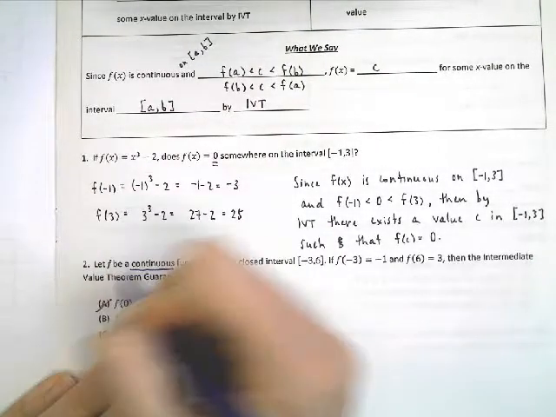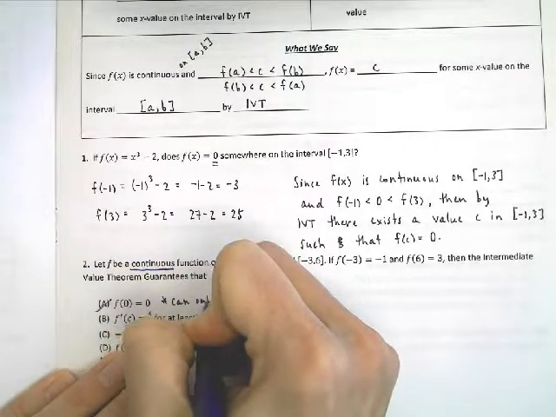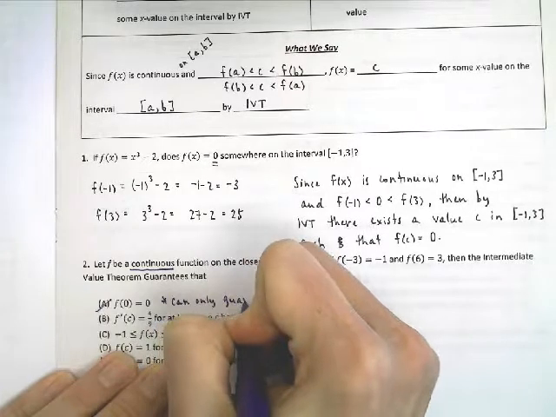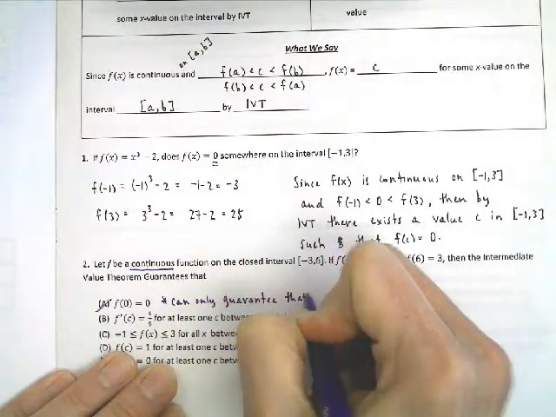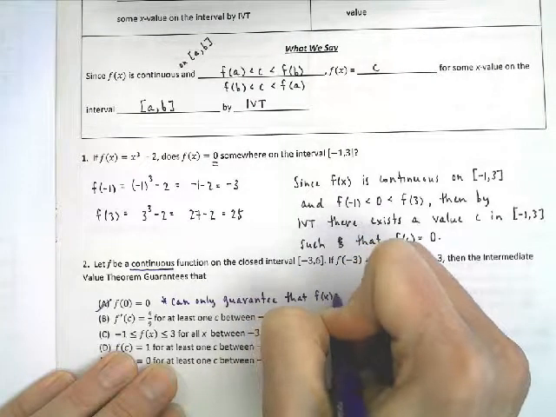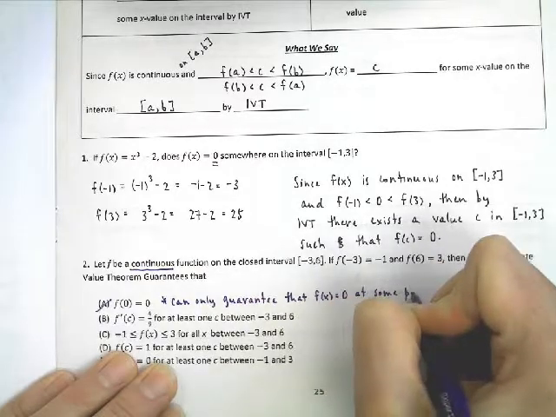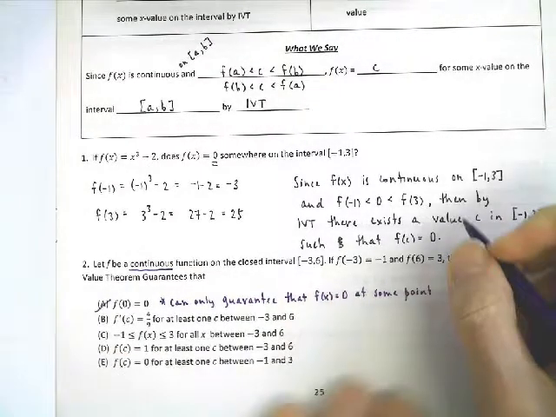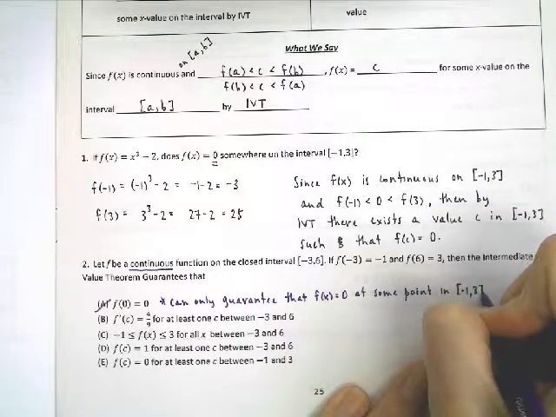So I'm going to cross this out and I'm going to make a note that I can only guarantee that f of x is equal to 0 at some point in the interval from -1 to 3.